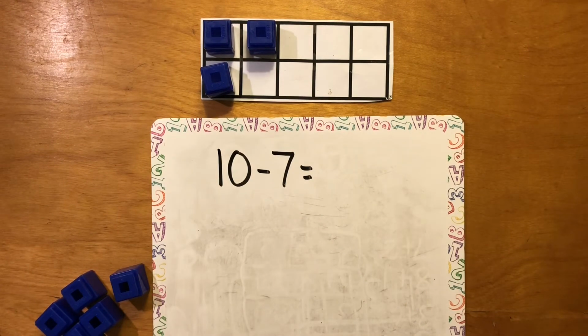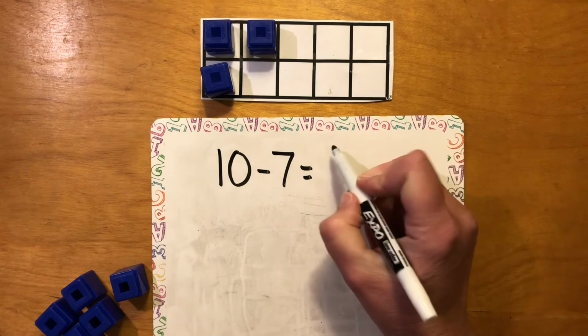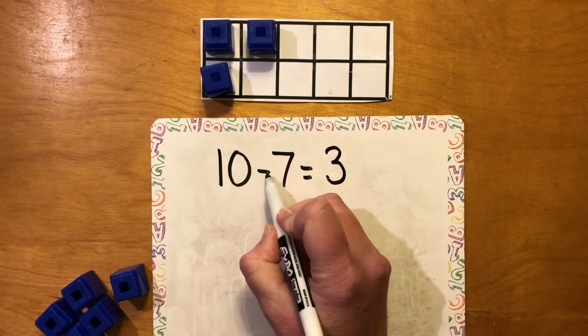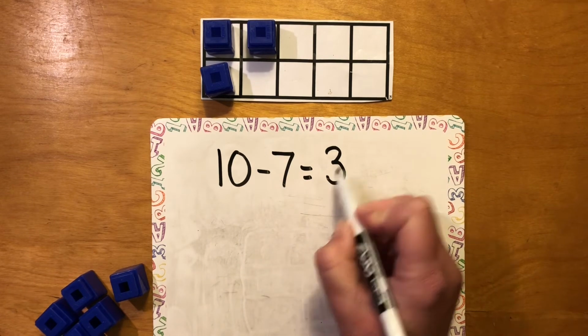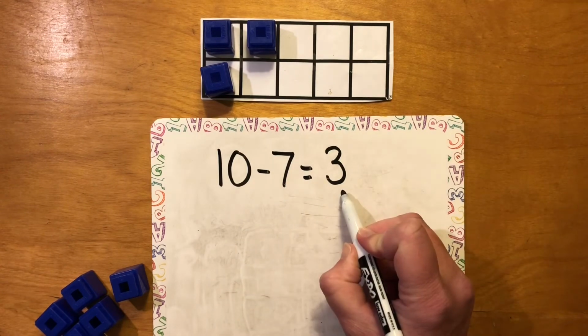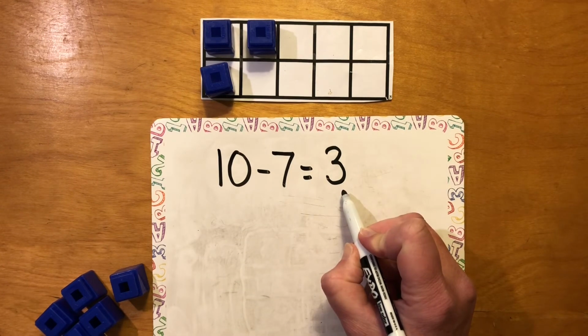I took away 7, and what's my difference? Or how many is left? 3. 10 minus 7 equals 3. We built it, we removed it, and we can also see what it looks like in our subtraction sentence.